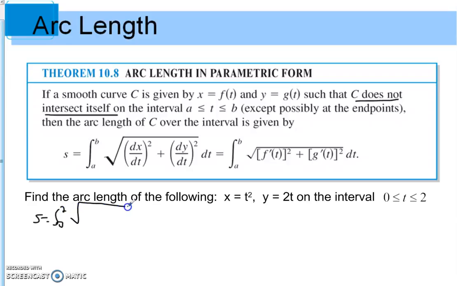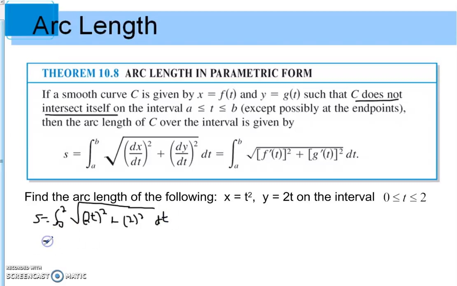Square root of, well, dx dt, that's not too tough, right? It's just 2t, that quantity squared, plus dy dt, quantity squared, is simply 2 squared, dt.